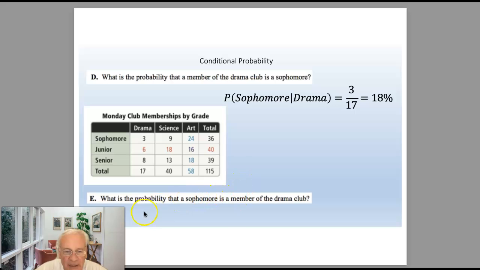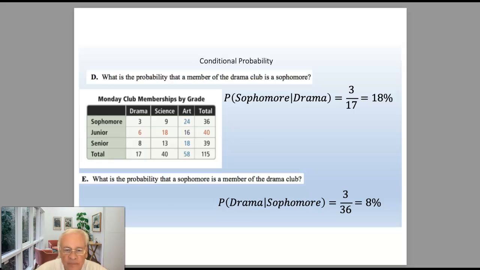There's another example here on the bottom. What's the probability that a sophomore is a member of the drama club? It's a little different. We're flipping these two around. Again, we're picking from the sophomores. So here's the sophomores. The bottom number is 36. That's the total sophomores.